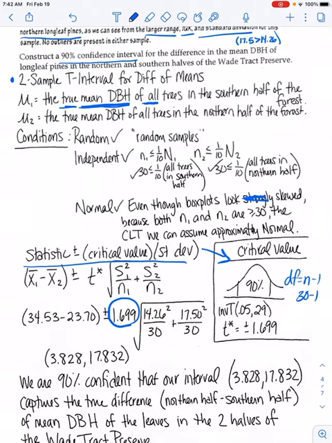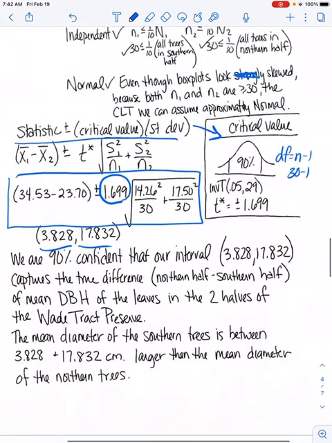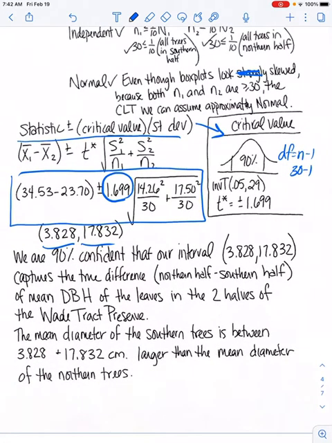Now, please pause this and type this in and make sure that you can get both those numbers. And then we draw a conclusion. We are 90% confident that our interval captures the true difference, northern minus southern, of mean DBH of the trees in the two halves of the Wade Tract Preserve.